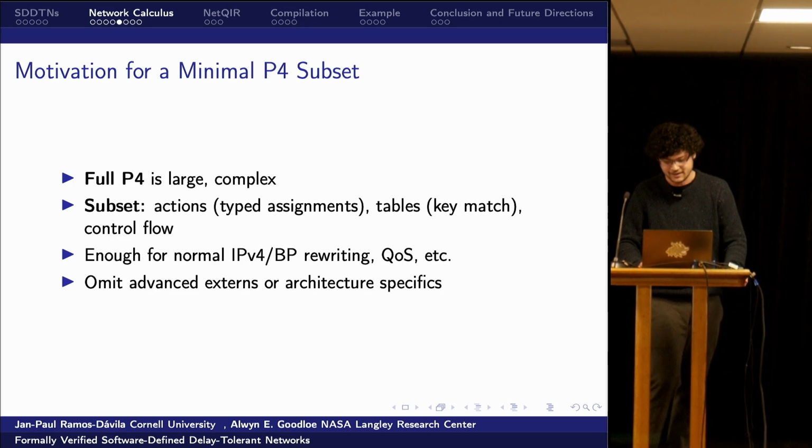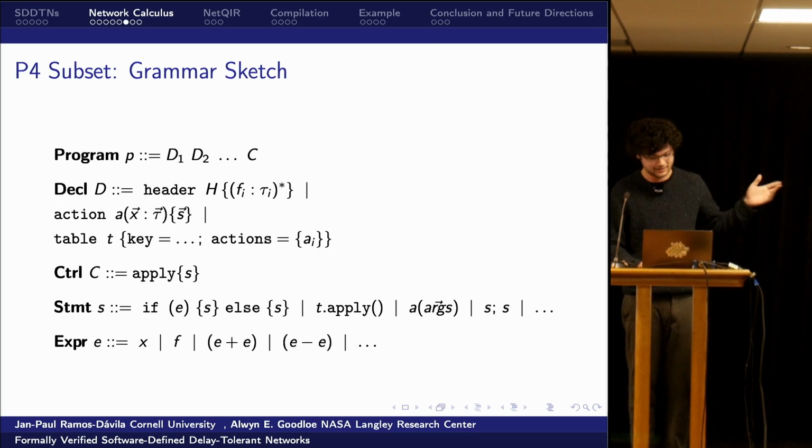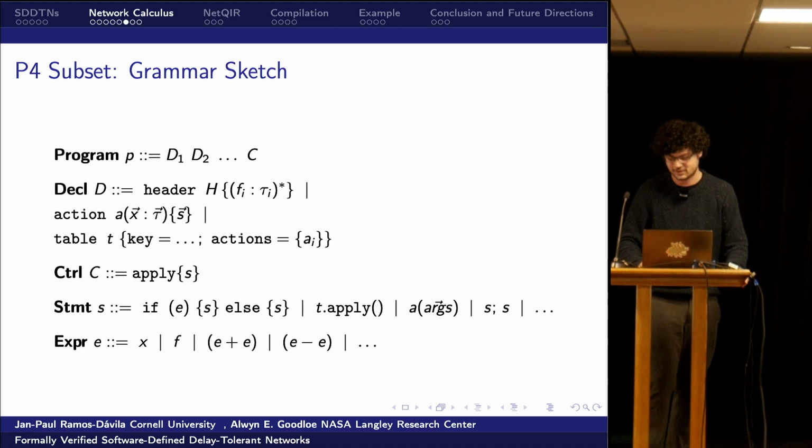So instead, what we want to do here is define a subset of P4 that is expressive enough to only deal with the match action pipeline, which I'll describe what that includes in a second here. But that we can still target with our Coq representation. So this is a bit of the grammar for how this P4 subset is going to be defined. So we just have a program P that has multiple declarations followed by a control block.